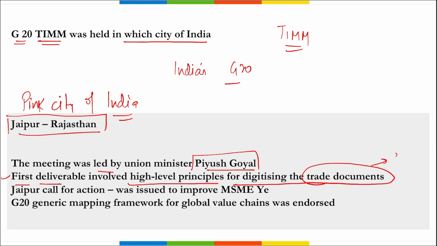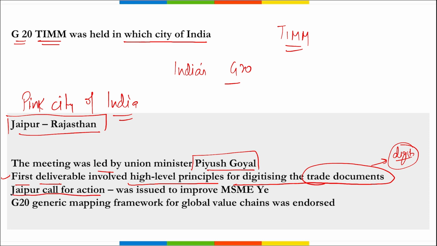That we should focus on digitization of these trade documents. And if you remember, the government of India is also pushing for the greener economy so that we can reduce the use of paper in various segments, and we will be seeing that in future everything will be digitized and there will be no use of paper in different sectors in India, not just in India but globally.